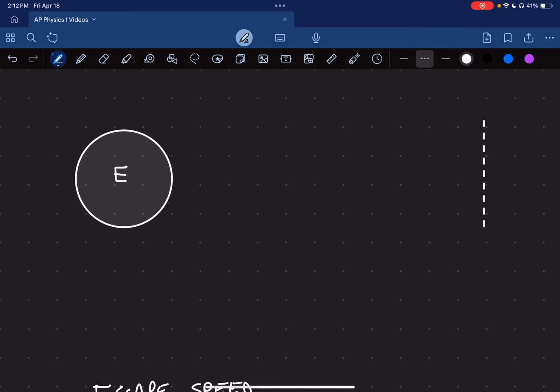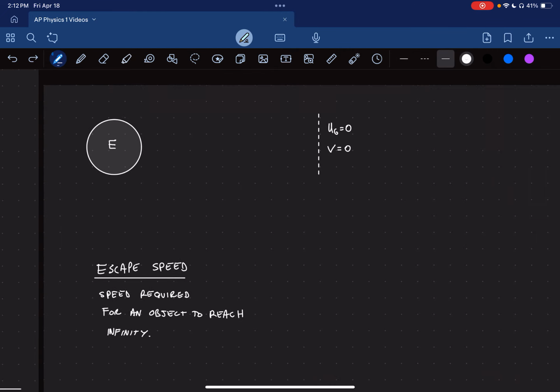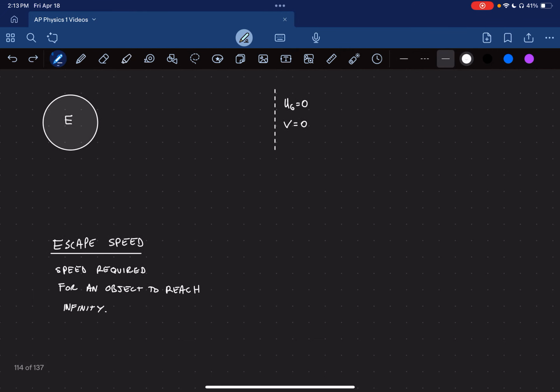Somewhere way out here where it does reach 0 gravitational potential energy, which is at infinity, and it's the minimum speed, so we want to give it 0 speed way out here. So we want to get it here so that it'll stay out here and not come back. That would be the escape, the speed needed to give it the escape velocity. So let's see if we can do that.